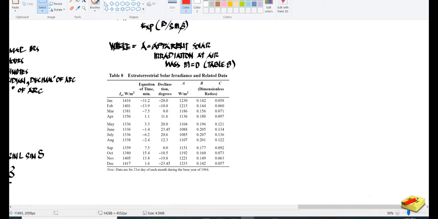A is the apparent solar irradiation. Then the declination in degrees corresponds to this symbol.